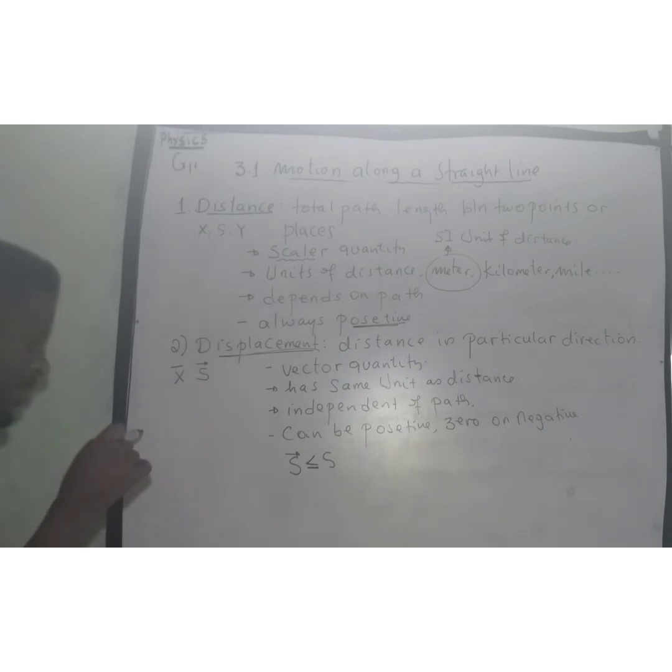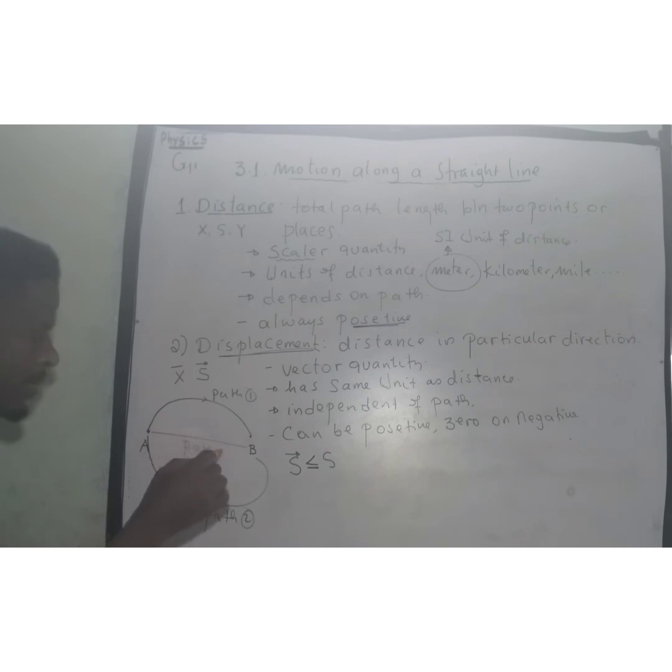For example, if we take point A and this is point B, a body or an object can move along path 1, or it can move along path 2, but the displacement is from point A to point B, the shortest path in a particular direction.